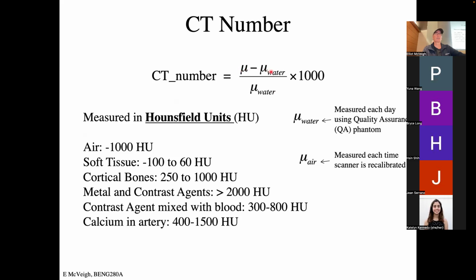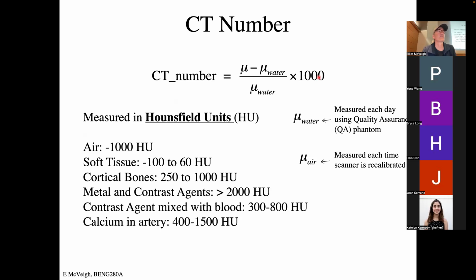You take the difference from water and take the ratio, so it's like the fractional difference from water, and you multiply by 1,000. And that is the number that you're going to display on your scanner. It seems kind of goofy, but it's an absolute number for that scanner. From scanner to scanner to scanner, because you do all of this normalization, these numbers basically replicate from one scanner to the next.